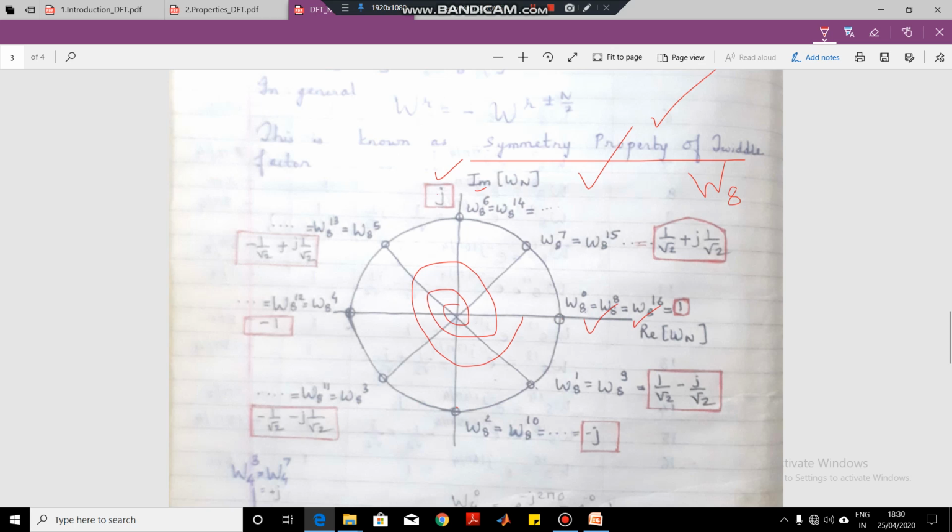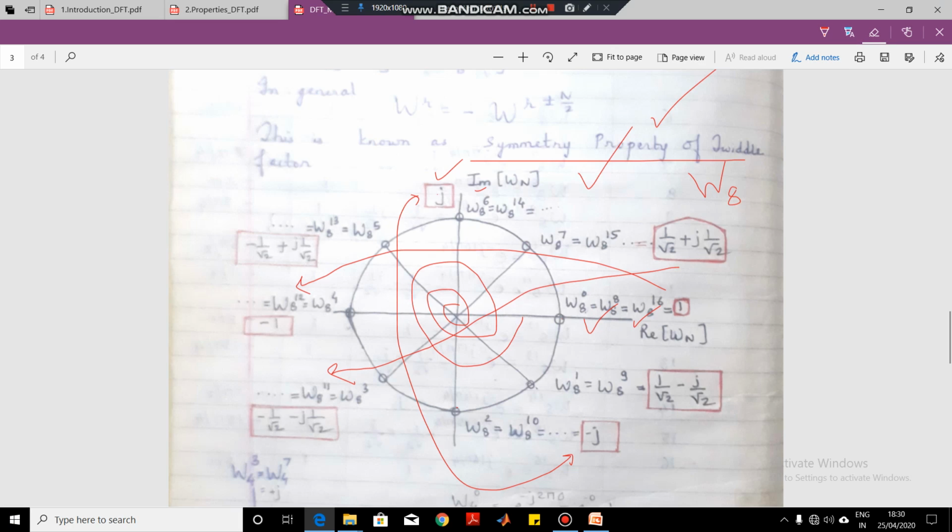So this is the periodicity property. And we see that the opposite elements on a diagonal of this circle differ only in sign. When we have plus here, we have minus there. So this is the symmetry property.